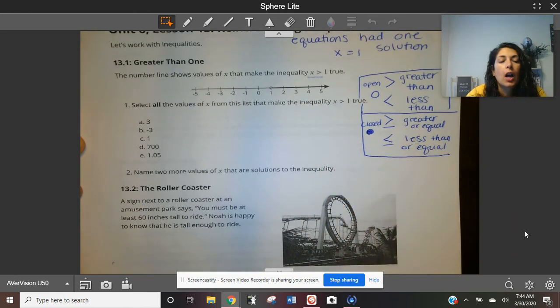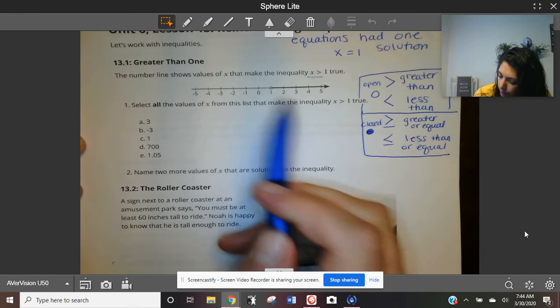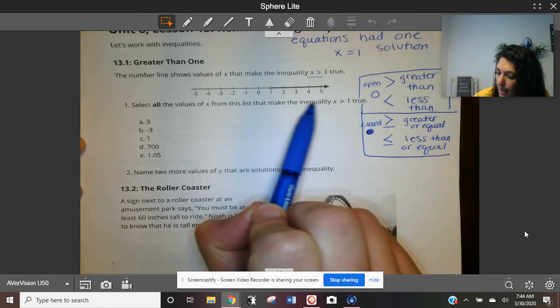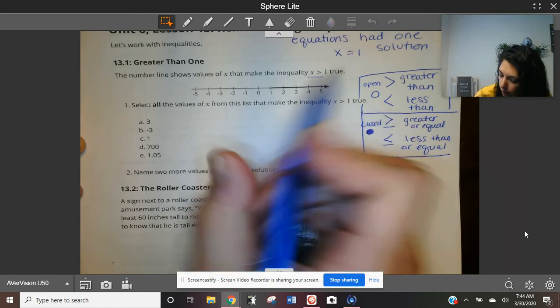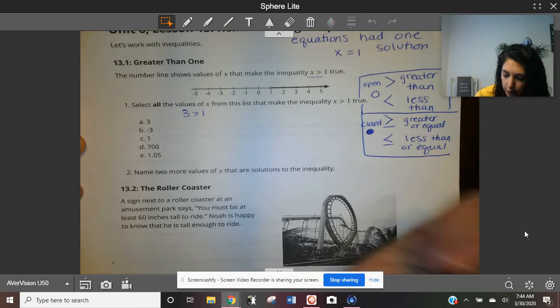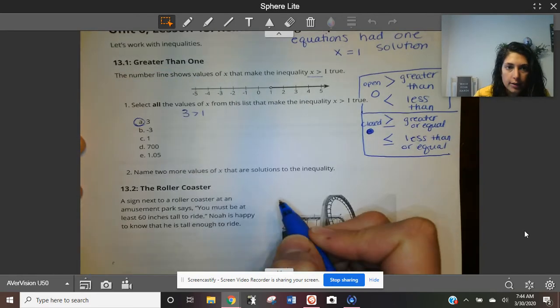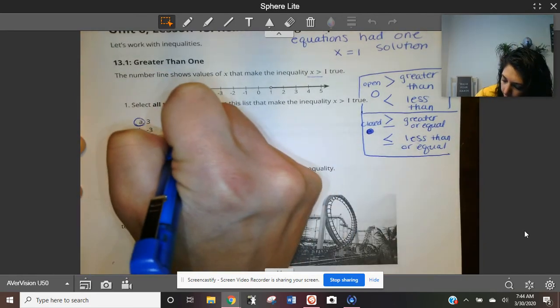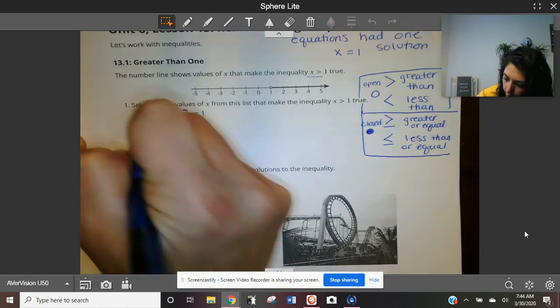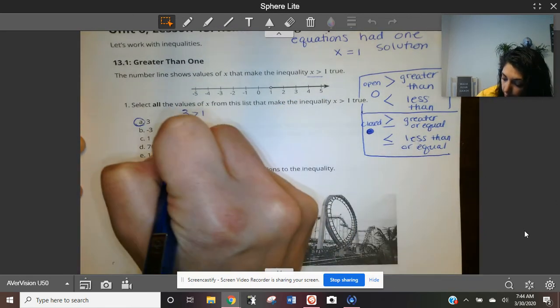All right, if we use the number line, select all the values that make the inequality true. For this one, is 3 greater than 1? That's what you would ask yourself. Yes, it absolutely is. Is -3 greater than 1? Well, -3 would be over here, so is it greater? No, so that one doesn't work. Is 1 greater than 1?